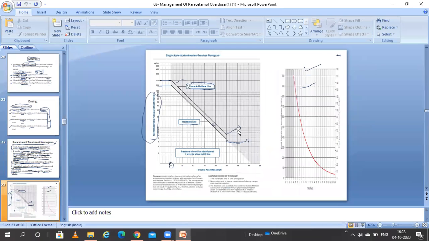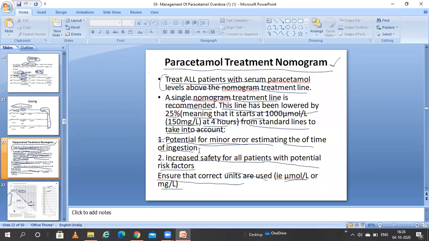The nomogram, actually the nomogram original line was here above, which is this dotted line, but this line was reduced. They brought down this line by 25%. Why? Because there can be some error in estimating the time of ingestion.